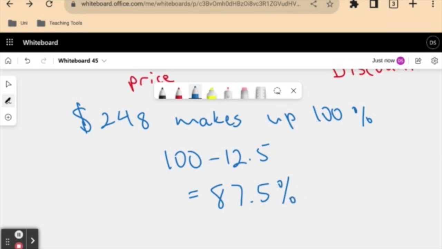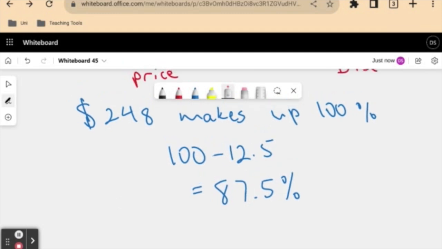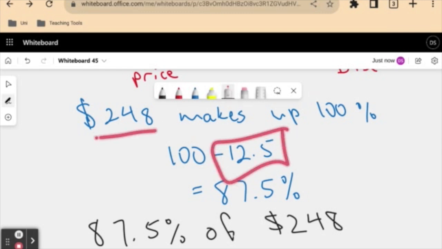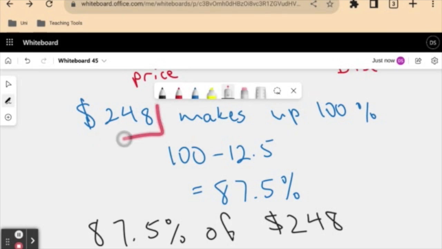So we are essentially finding a percentage of our total price in this context. So we can say, well, we want to find 87.5% of $248. We could have also found 12.5% of $248 and just subtracted it from our original price. These are both two different routes to the same thing.